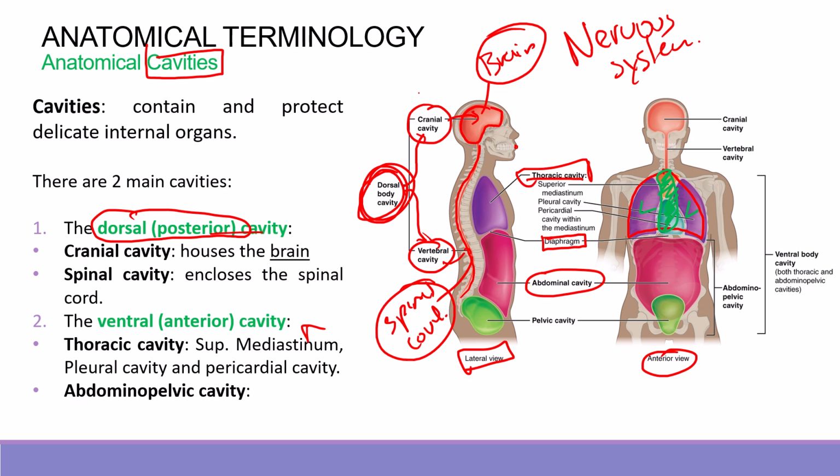The two lateral cavities are called the pleural cavities. The pleural cavities in purple are the spaces where the lungs are going to be located. Now, the center of the thoracic cavity is what we call the mediastinum.